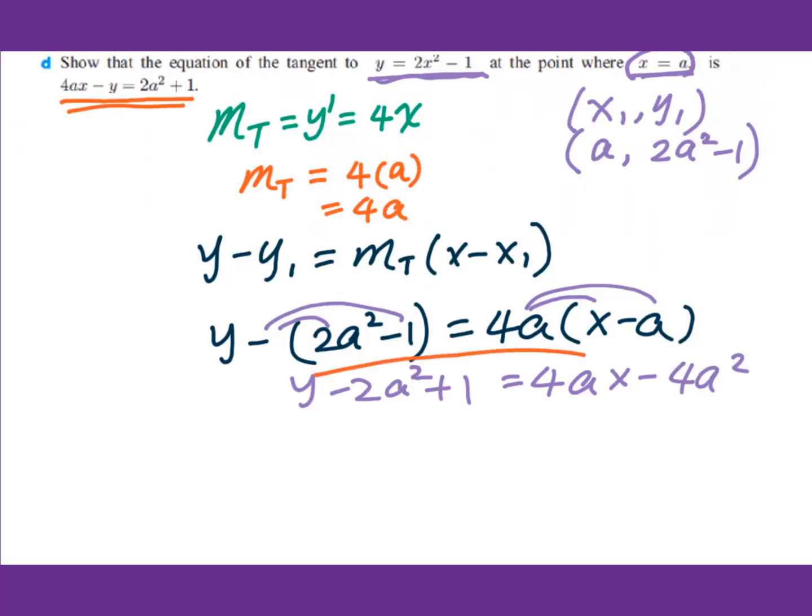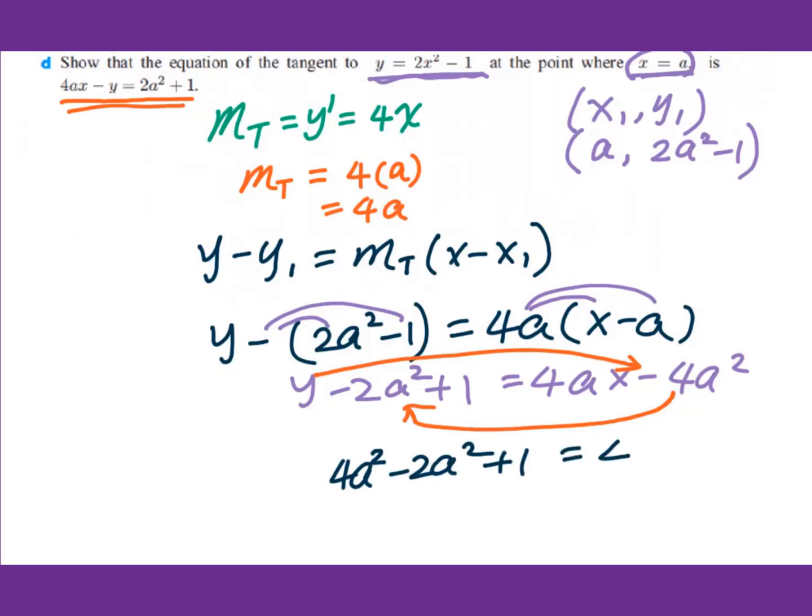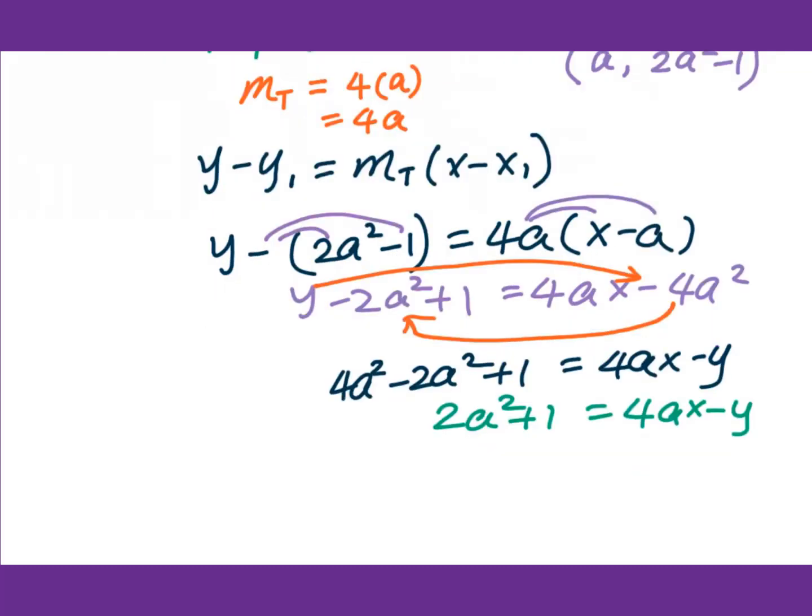So I will move y over here. Then negative 4ax move over here. Remember you change the sign. So you get 4a squared minus 2a squared plus 1 equals 4ax minus y. Combine like terms, 2a squared plus 1 equals 4ax minus y. So we get 4ax minus y equals 2a squared plus 1.